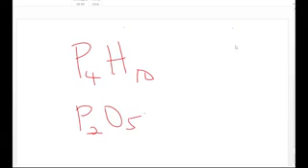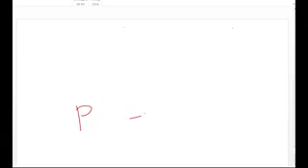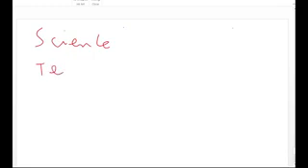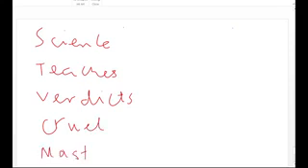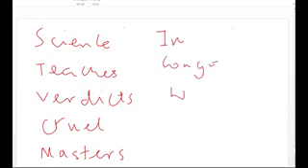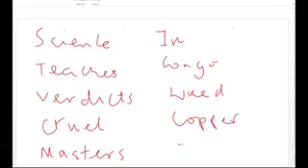The acronym for the first series of transition metals is the one I always use: Science teaches verdict, coil masters in Congo, need copper, zinc.